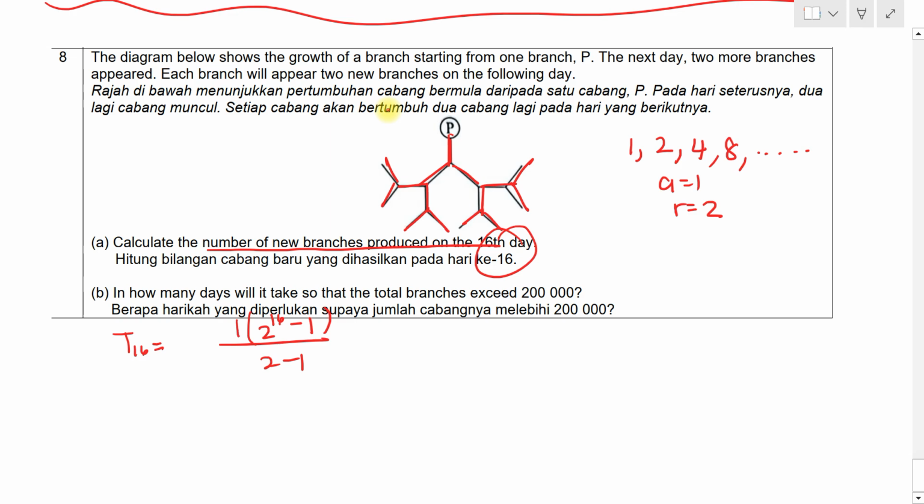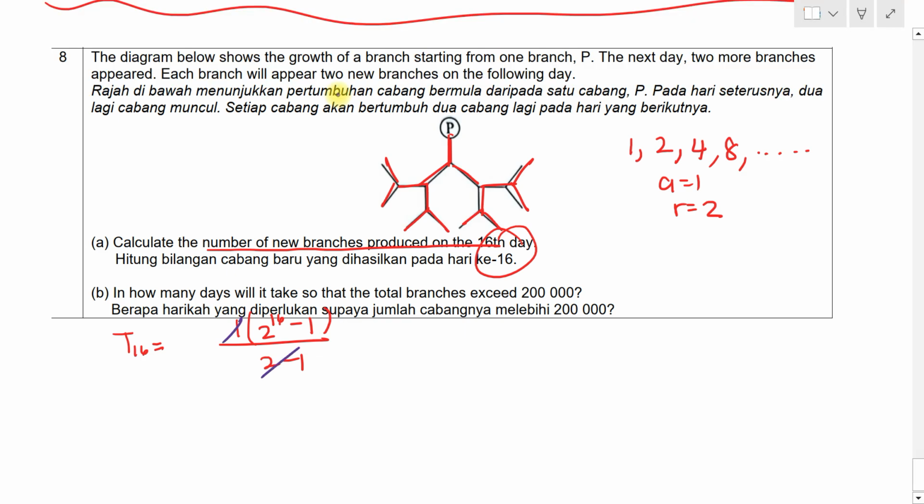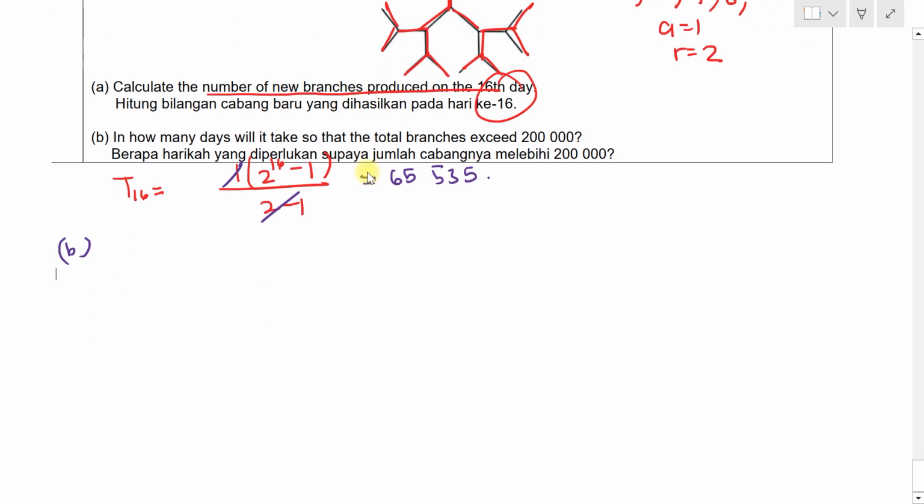The 1 and 1 you can cut. So 2 power 16 minus 1, and you're getting 65535.